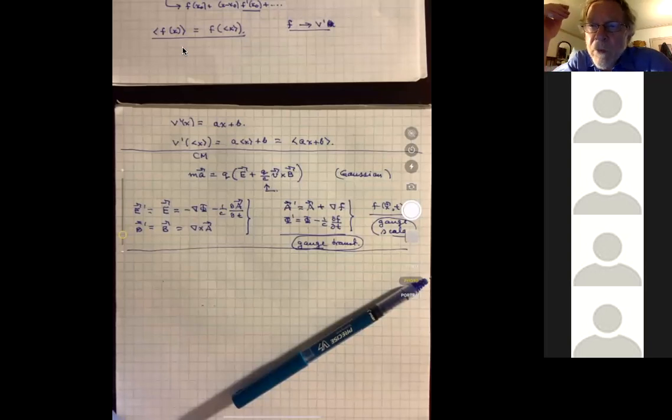Well, because one of our formulas says that p equals h bar k, and the other one says that the energy E is equal to h bar omega. And you can see k and omega for a free particle anyway transform as a 4 vector under Lorentz transformations. And that's just because energy and momentum transform as a 4 vector.